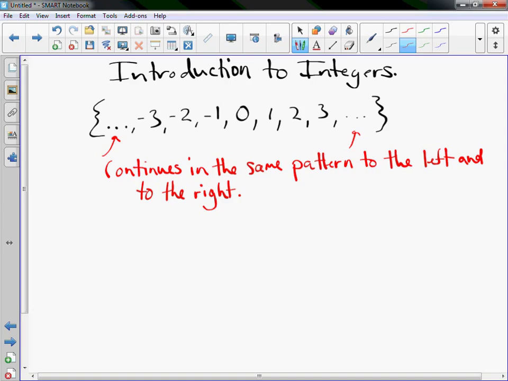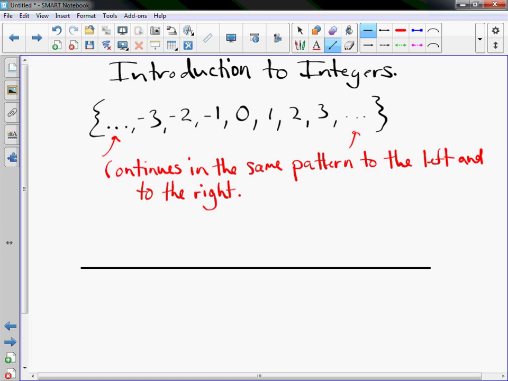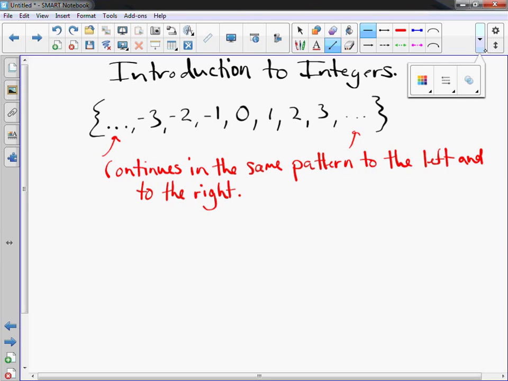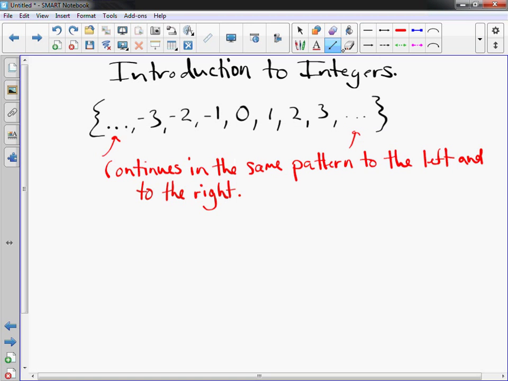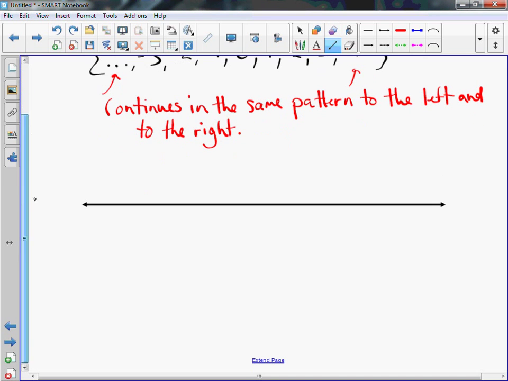Let's look at how these look on a number line. Let's put some ends on it so it actually looks like a number line. We need those arrows anyway, because that tells us that it continues on forever.